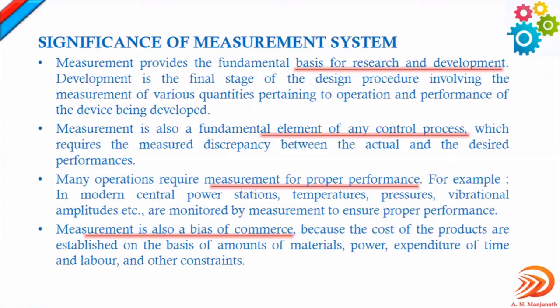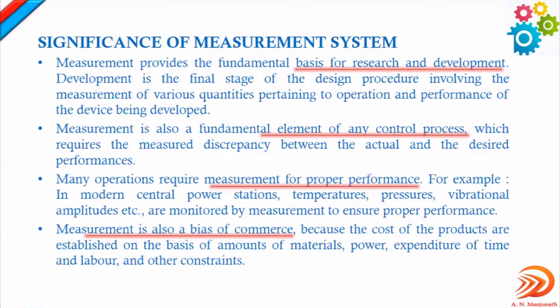The second significance of this measurement system is that it is a fundamental element of any control process. Any process, say for example a manufacturing process, if you want to control it, you have to measure it. Without measuring the process, without measuring the output of a particular manufacturing process and how it is performing, you cannot control it.